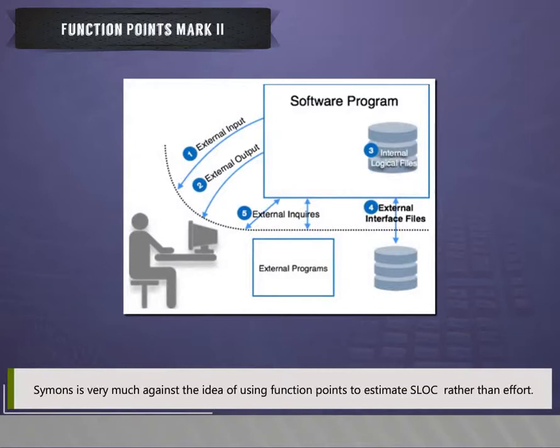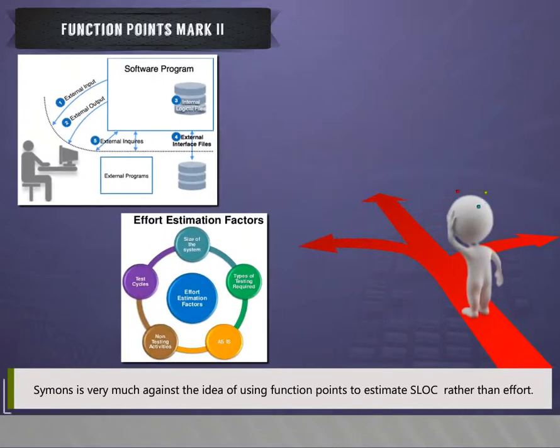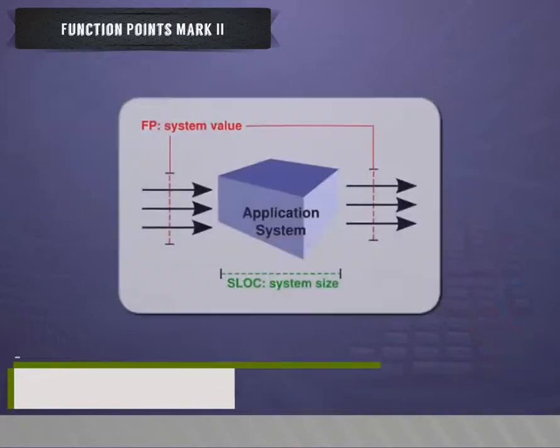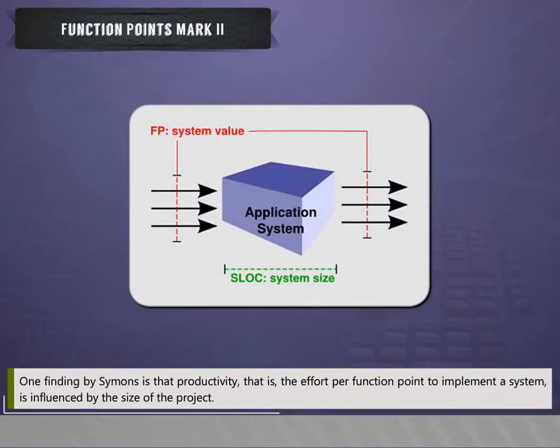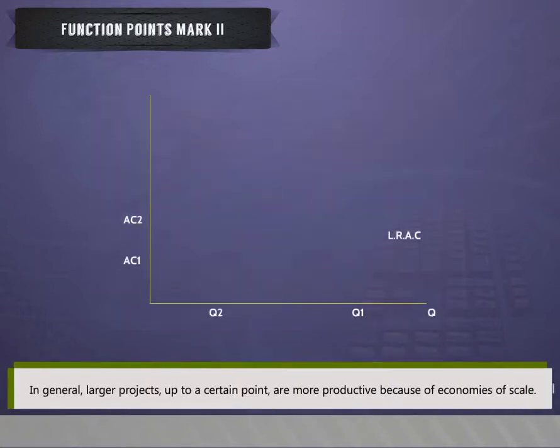Symons is very much against the idea of using function points to estimate SLOC rather than effort. One finding by Symons is that productivity, that is the effort per function point to implement a system, is influenced by the size of the project. In general, large projects up to a certain point are more productive because of economies of scale.